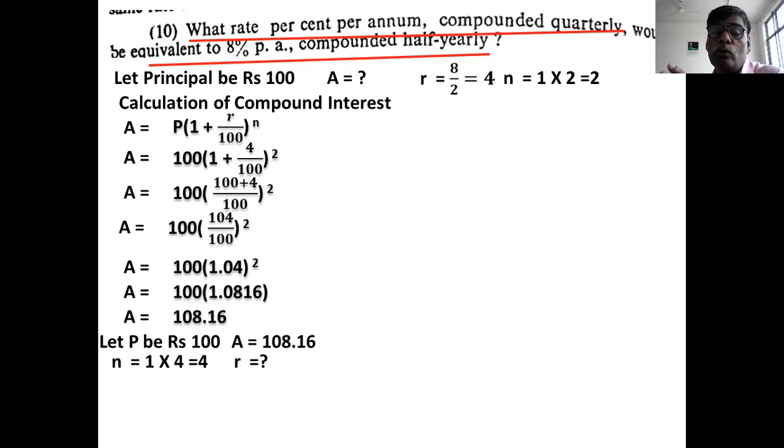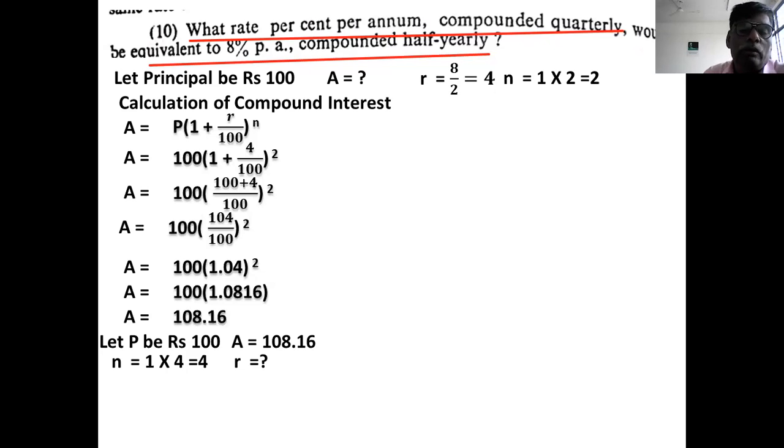Then annual rate of interest is R, to be divided by 4. If you divide by 4 here, it will create problem to solve it. Therefore, I will take R as R. After getting the answer, I will get the real R.